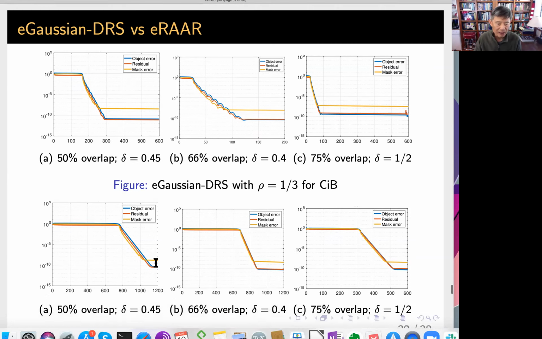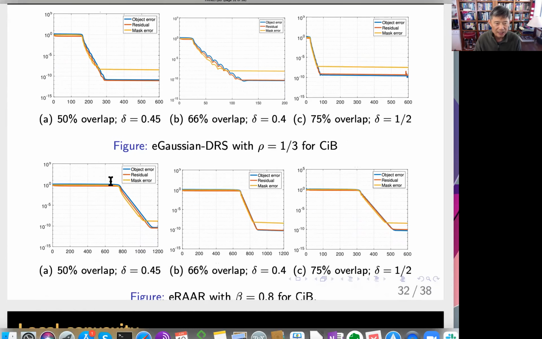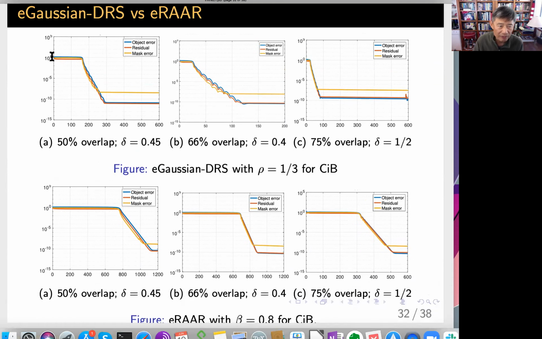There is another algorithm that we developed that performs slightly less well, but is very similar. There's typically a stage where you don't see a lot of improvement, and then if you wait for a while, all of a sudden it enters a linear convergence regime. That's not too surprising because this is a non-convex optimization problem.